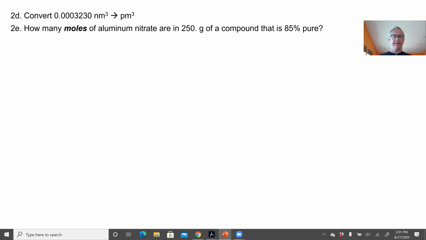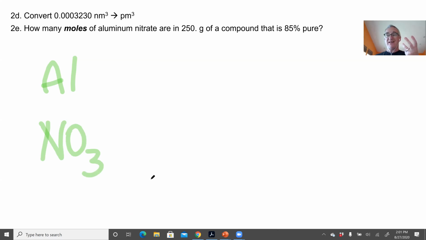So aluminum nitrate, what's the chemical symbol for aluminum? Al, right. That's Al. And you're not going to know what nitrate is, but I will let you know that it's NO3.